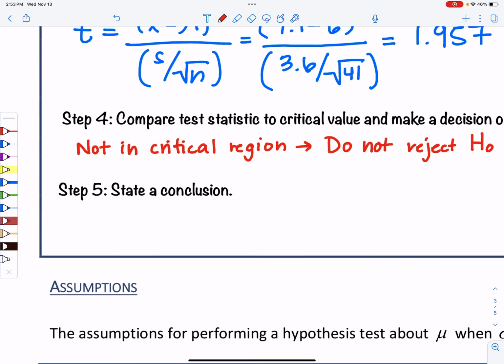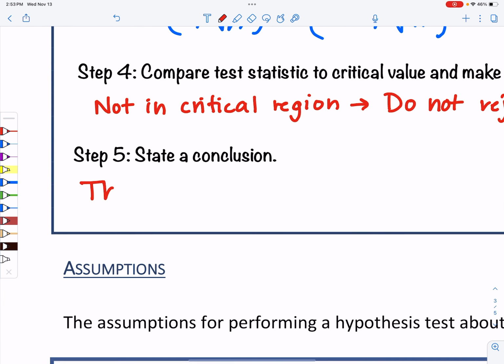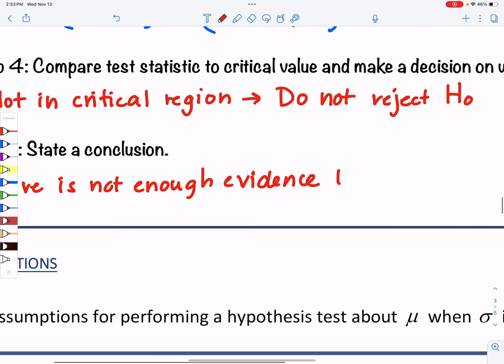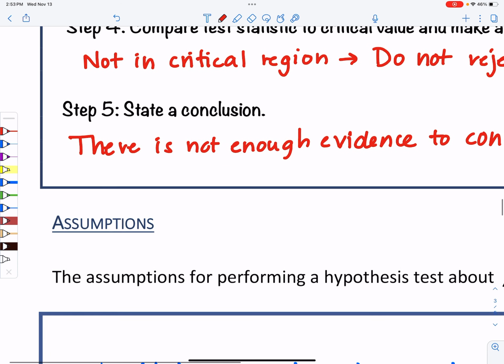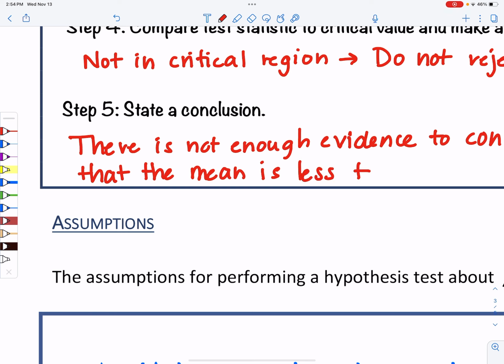If we're not, like we aren't here, then we have to say there is not enough evidence to conclude what's in our alternate, which said that the mean is less than 6.